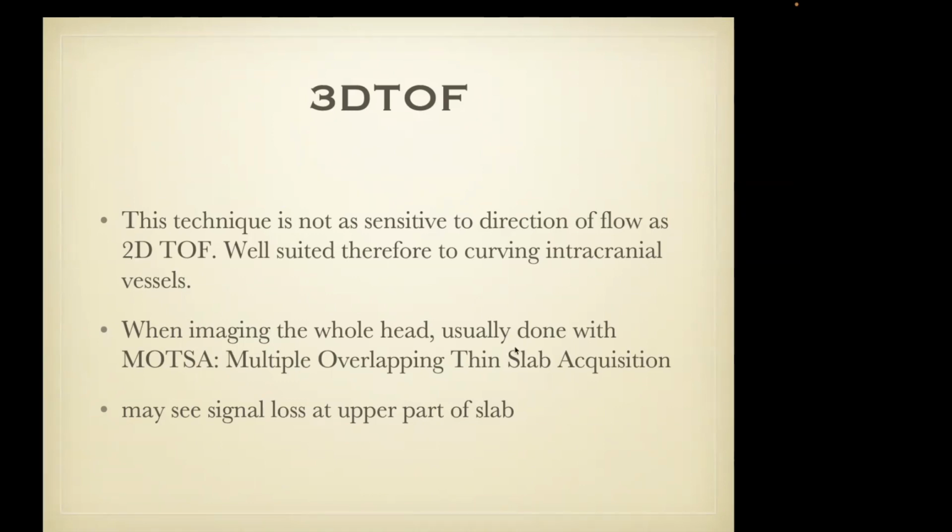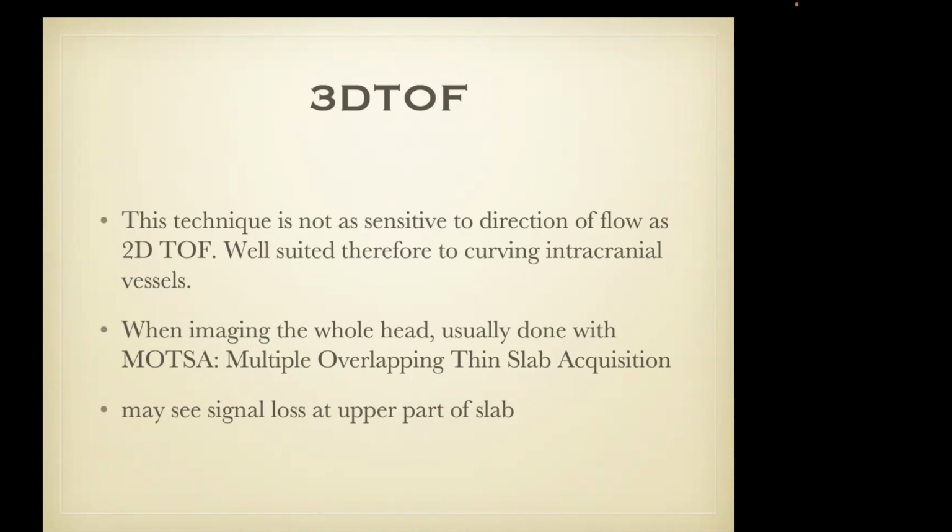However, in order to get coverage of the entire head, we can't acquire it all as one single slab because of this property of saturation of spins. Now, remember, 2D time of flight, we're acquiring a slice at a time, whereas in 3D time of flight, we're acquiring a volume. That's why it's called 3D. And we get saturation of spins inside the volume.